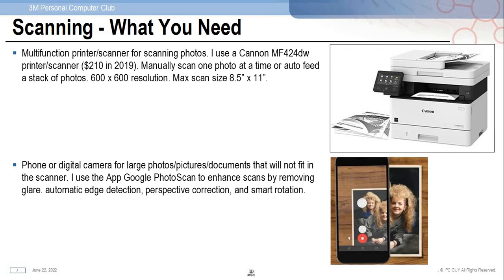They'll reduce the glare if there's glass on the picture. They'll do automatic edge detection, so it'll crop it properly and rotate it in the right direction. So for these bigger images, it makes it real easy to capture those and get a digital copy.